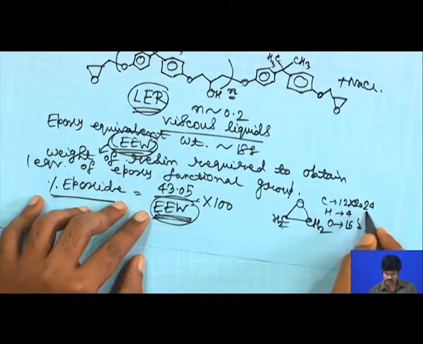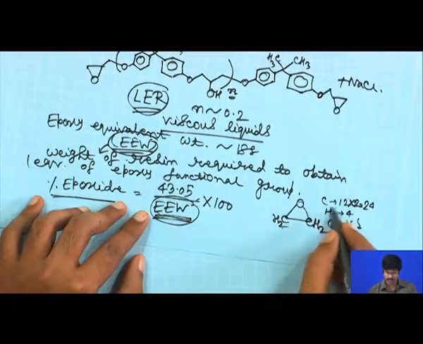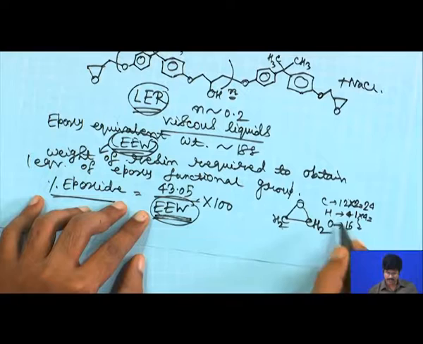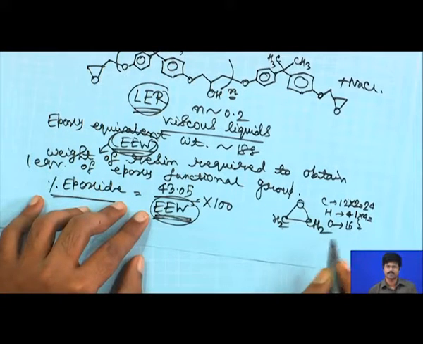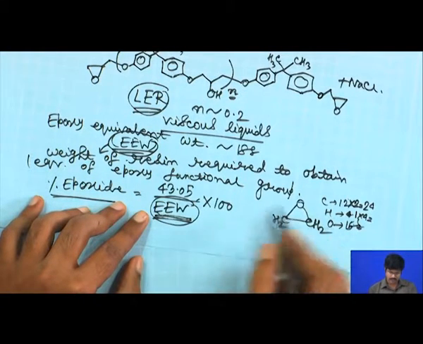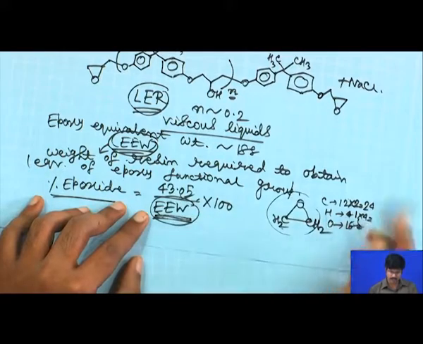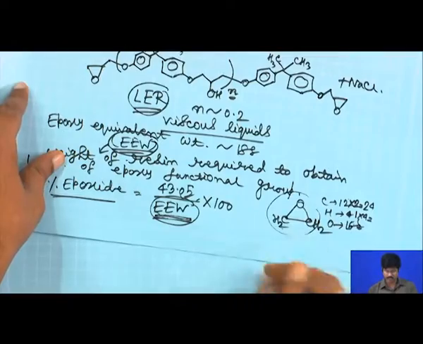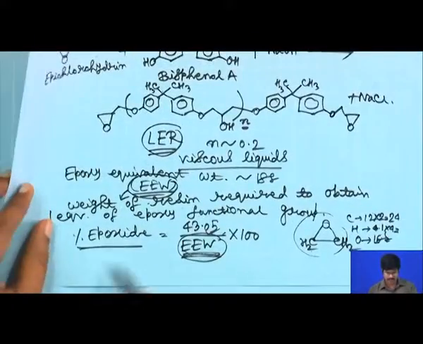Actually, it is not exactly that, because there will be some decimal points, so it will be 12 point something. Hydrogen is basically 1 into 4, so this is 1 point something, and oxygen will be 15 point something, like that. So, this is basically your 43.05, close to that will be the molecular weight of this particular unit. So, that divided by epoxy equivalent weight is your percentage epoxide.